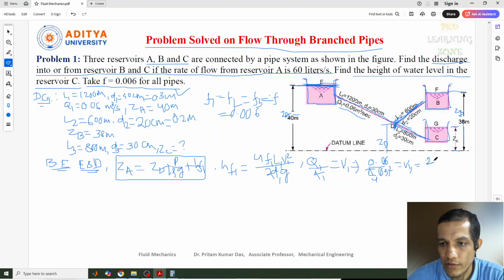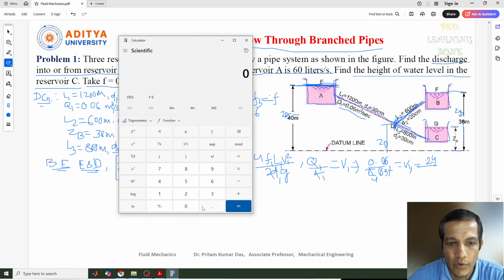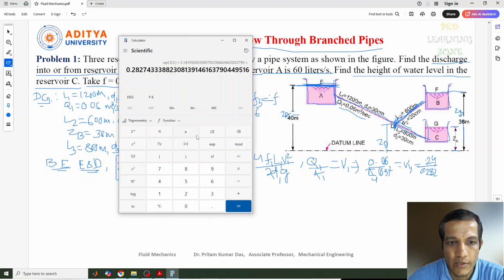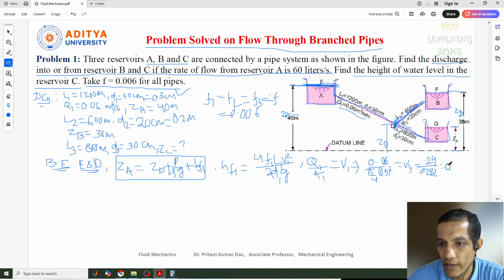Okay, this is 0.24, and divided by this 0.3 square into pi, 0.282. So let's see, 0.24 divided by 0.282, 0.851. This is correct. 0.851 meter per second. So this is the velocity at this point.